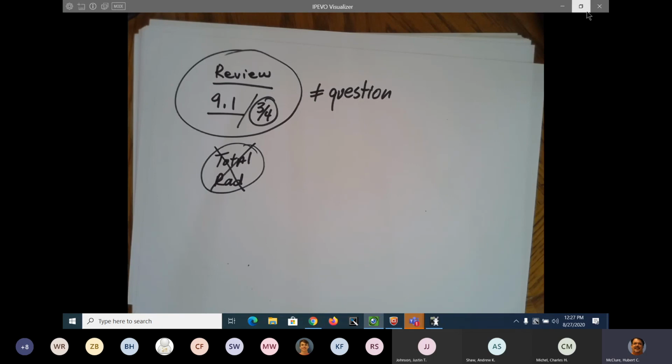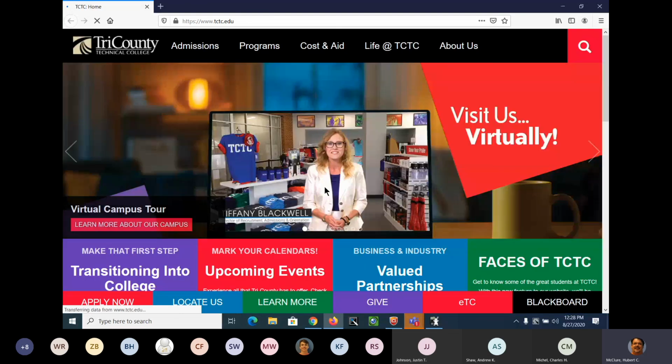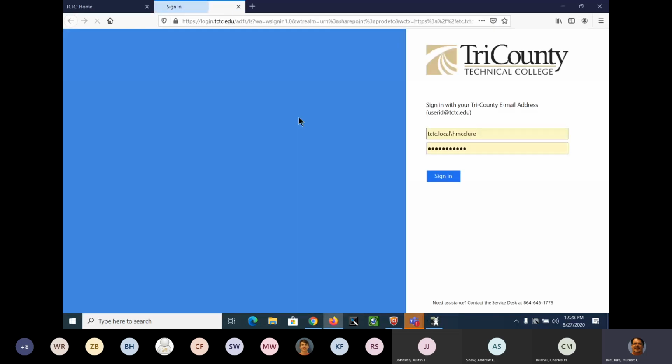All right, let me look at the roll. And everybody should be present except for the ones that, and remember, tomorrow is it. If you haven't been in your classes at all for 2 weeks and they're taking attendance, the system will drop you for not attending.